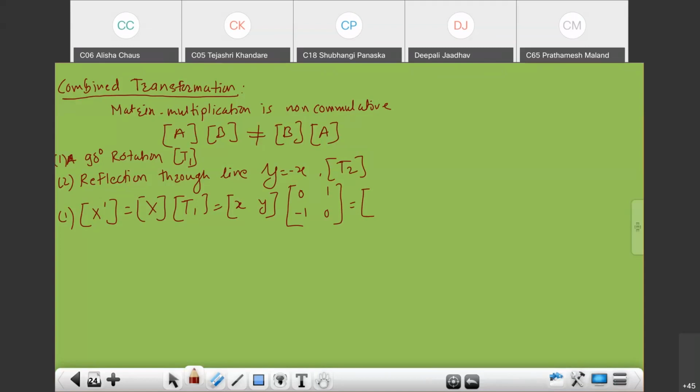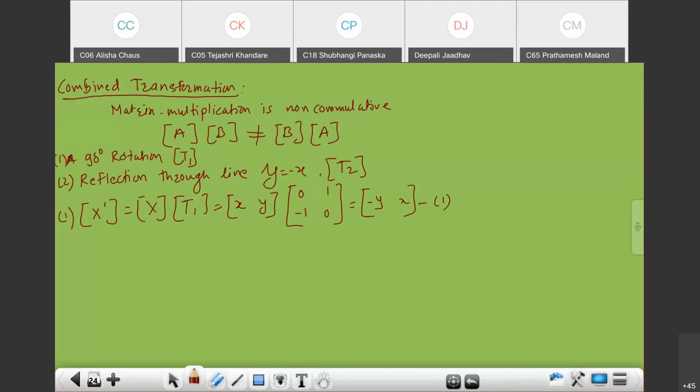It may be line, it may be point, it may be triangle, it may be square, anything. Now multiply it with the transformation matrix for the rotation about 90 degree, which is 0, 1, minus 1, 0. We will get minus y and x.